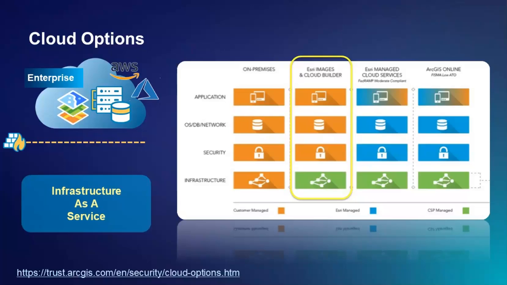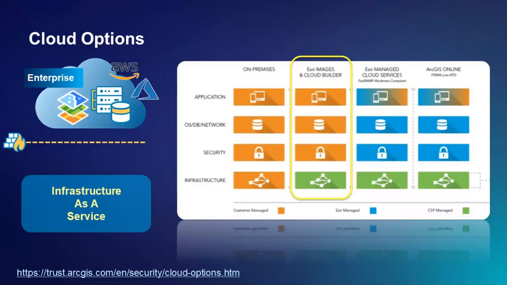In that case, you can see over to the right that the cell for the infrastructure is turned green, because now it's the responsibility of Amazon or Microsoft to make sure that all of the data center is operating, the virtual machines are running, and that's that uptime statistics you might have.